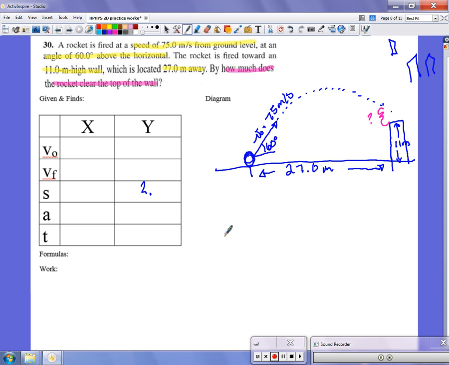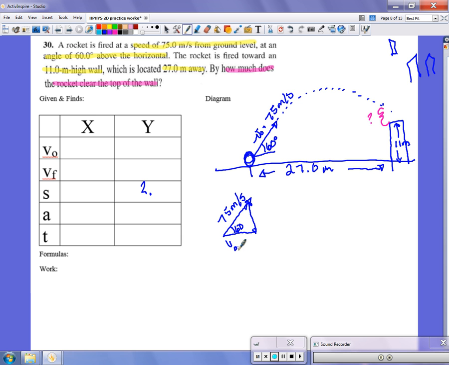All right, let's look at that initial velocity vector. Here it is, 75 meters per second at 60 degrees, so we have an x and a y component.